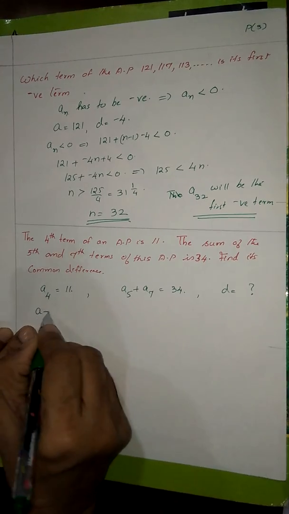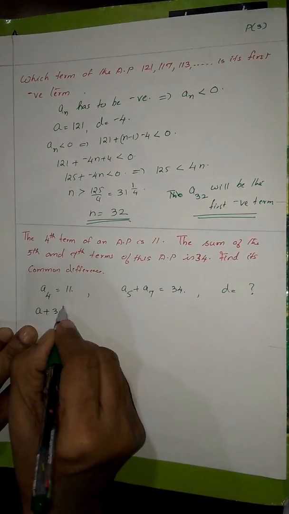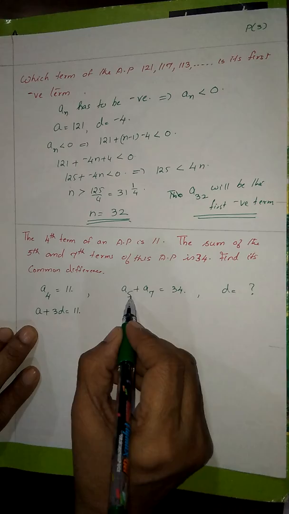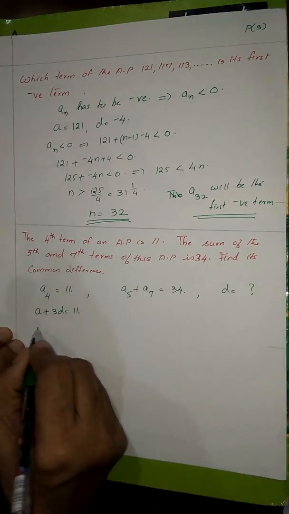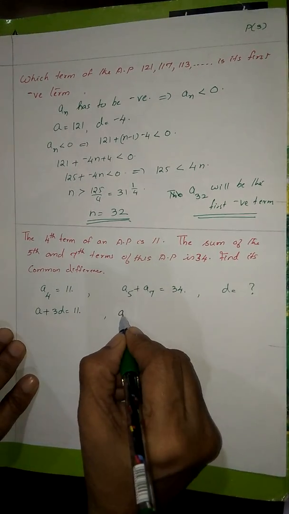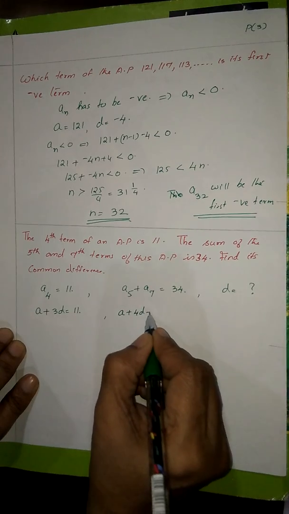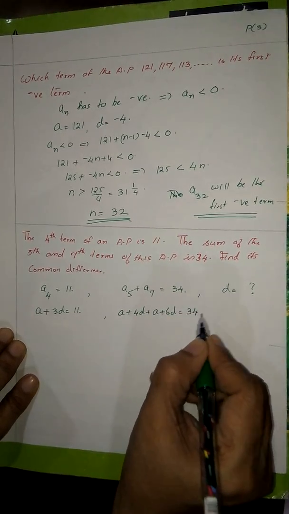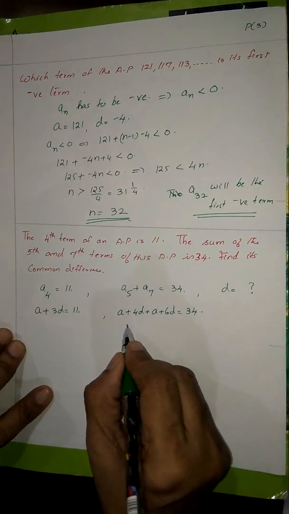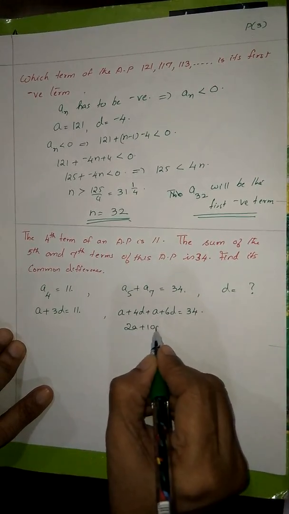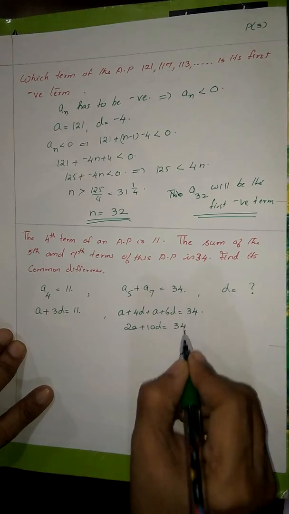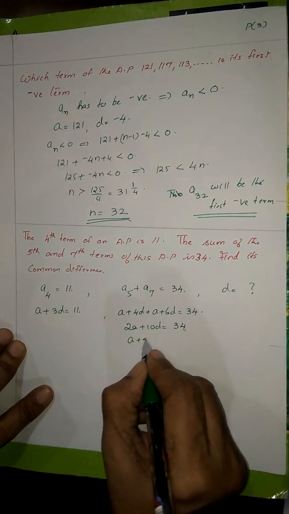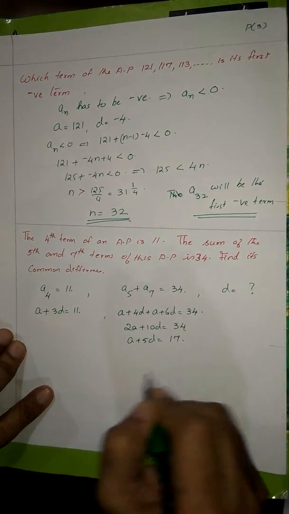Now we will write this as A plus 3D is equal to 11. Now this we will write as A plus 4D plus A plus 6D is equal to 34. So you will get 2A plus 10D is equal to 34. So A plus 5D is equal to 17.